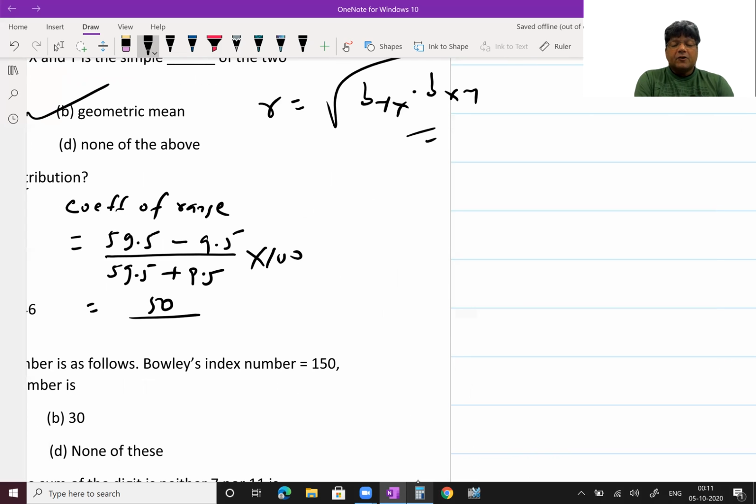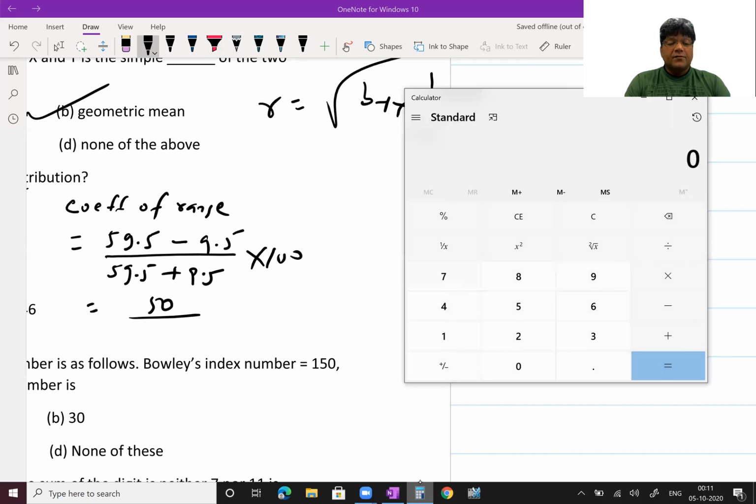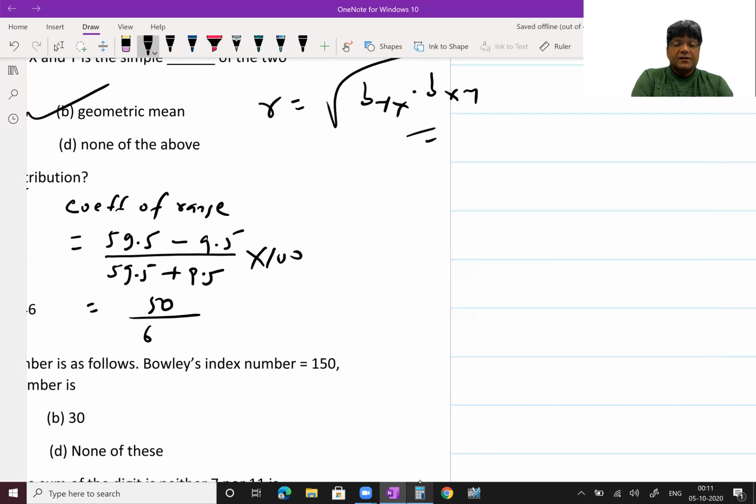Denominator: 59.5 plus 9.5 is equal to 69 only.